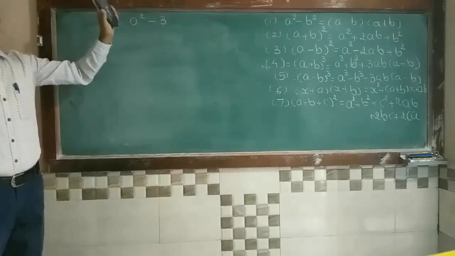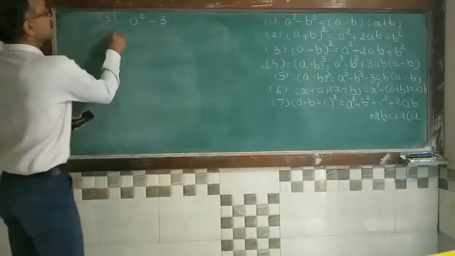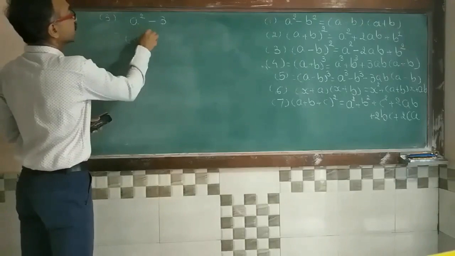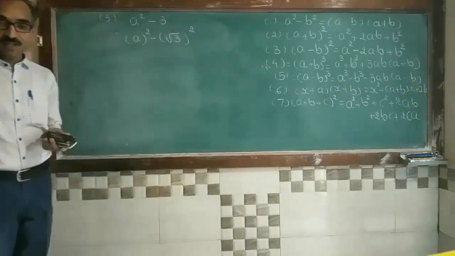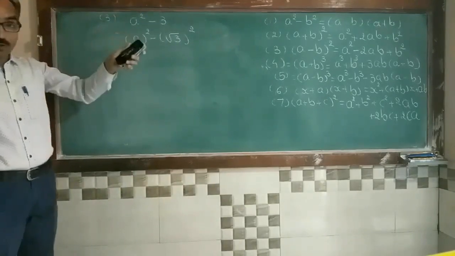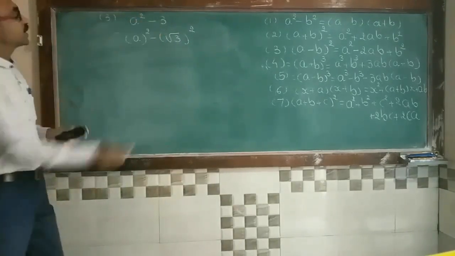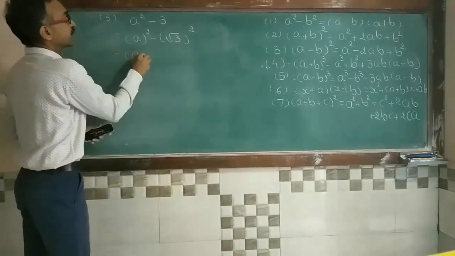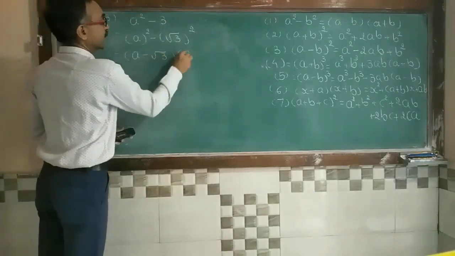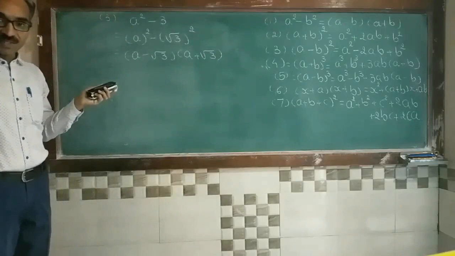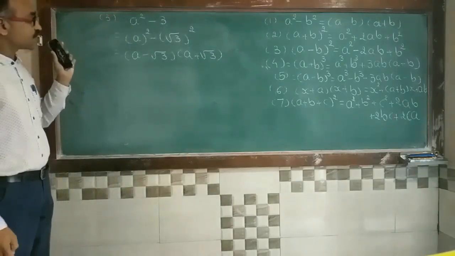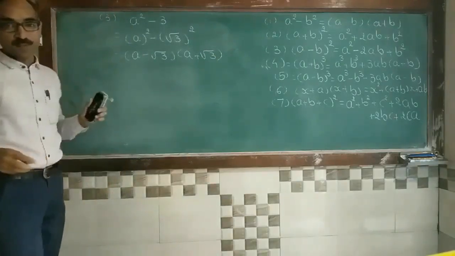No. But we can write it as root 3 whole raised to square. As we know that root 3 into root 3 is 3. So the answer is a minus root 3 and a plus root 3. Understand? Yes, very good. This one is the first formula.